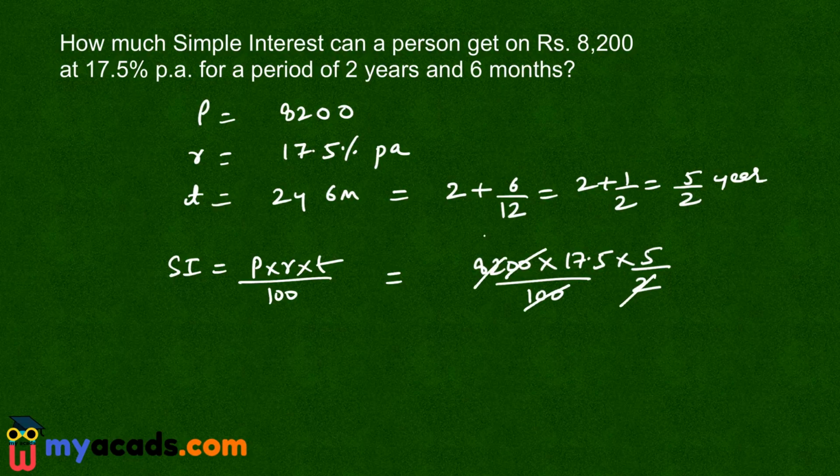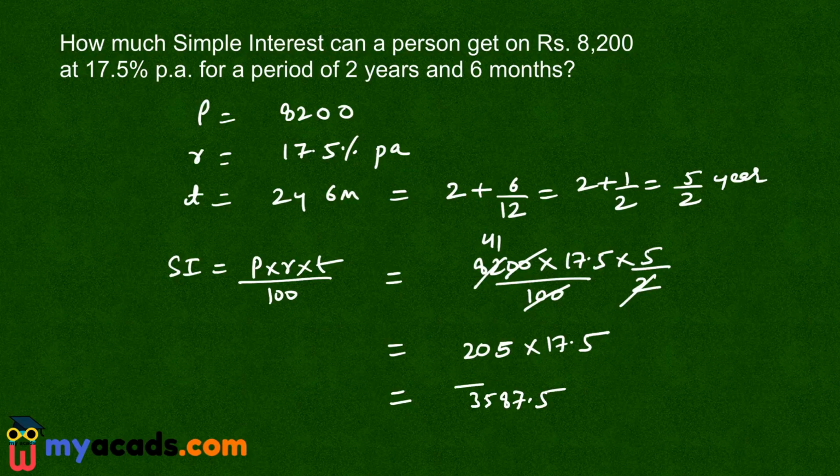This is 2 into 41. So 5 times 41 is 205, into 17.5. Now I can multiply this and my answer will be 3587.5. So this is the simple interest that I will pay on this amount.